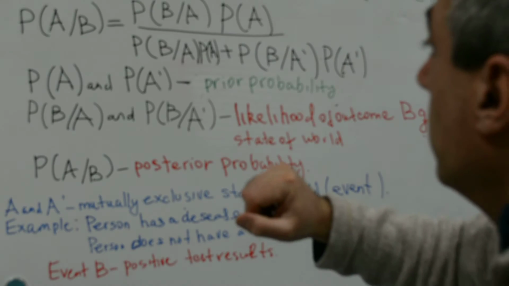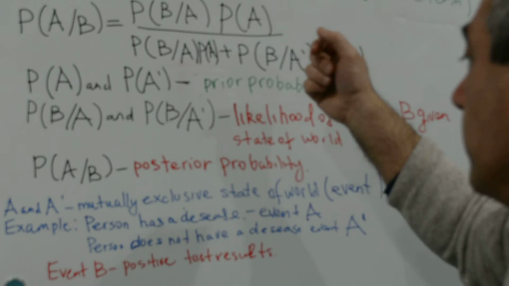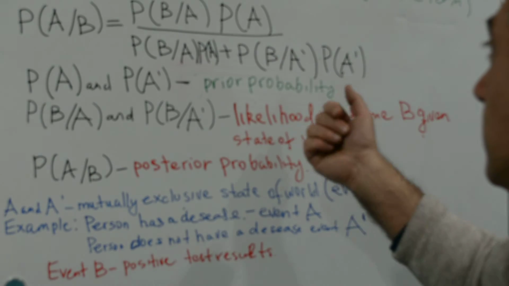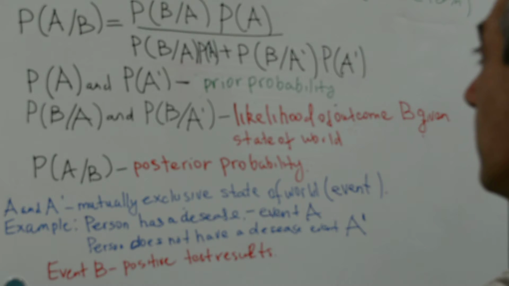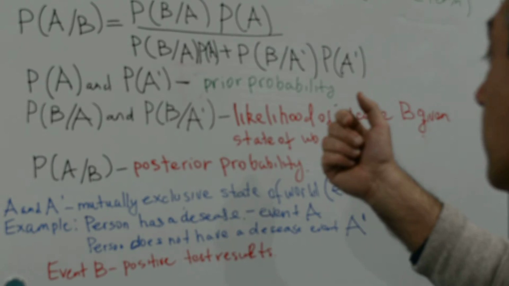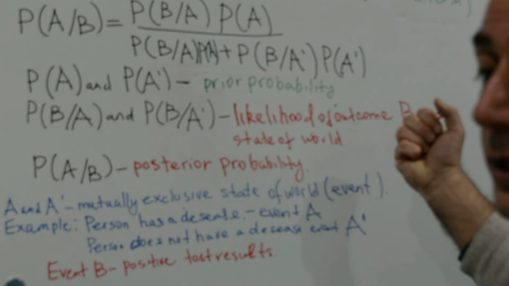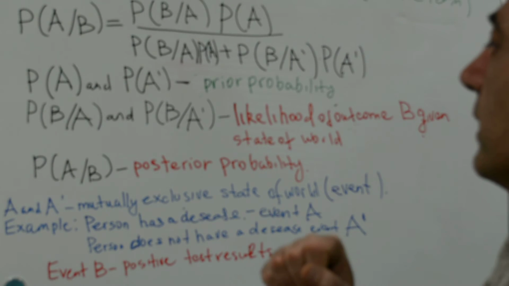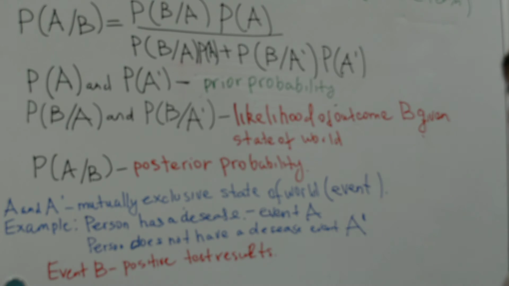So again, combining the likelihood of the outcome, outcome B, in this case positive test results came up, given a person has a disease with prior probabilities, and the probability that a positive result came given a person doesn't have a disease, combined with probabilities of the population which doesn't have a disease, we could obtain the posterior probability that a person has a disease given that a positive result came up.